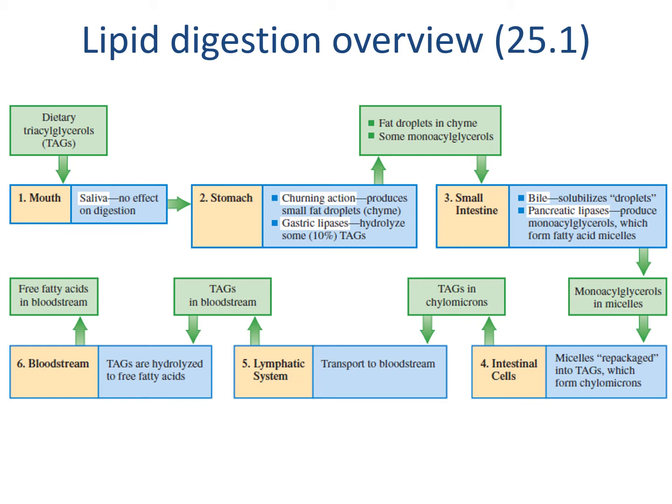Then they need to be packaged as those chylomicrons to be exported into the lymph system and then hydrolyzed again to stay soluble outside of the chylomicron package. It's a lot of work, but the energy density of fatty acids makes it well worth our while, which we'll see later on in this chapter.